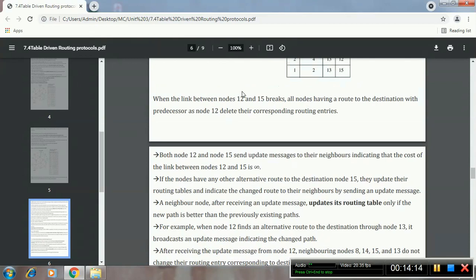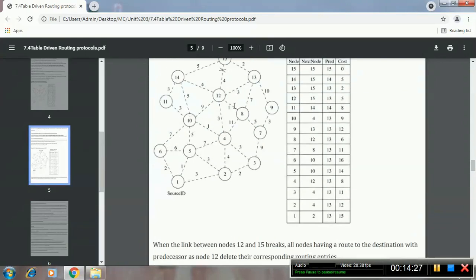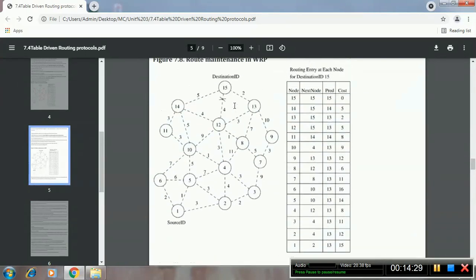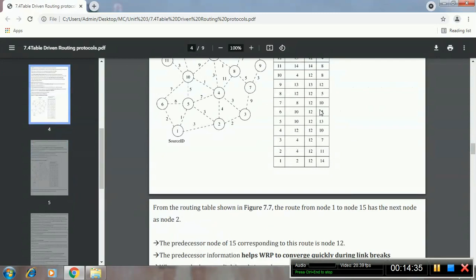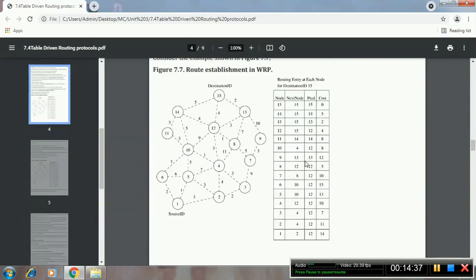When the link between 12 and 15 breaks, all nodes having a route to the destination with the predecessor node 12 delete their corresponding routing entries. In the previous table, we had the predecessor node as 12 for nodes 1 to 8.